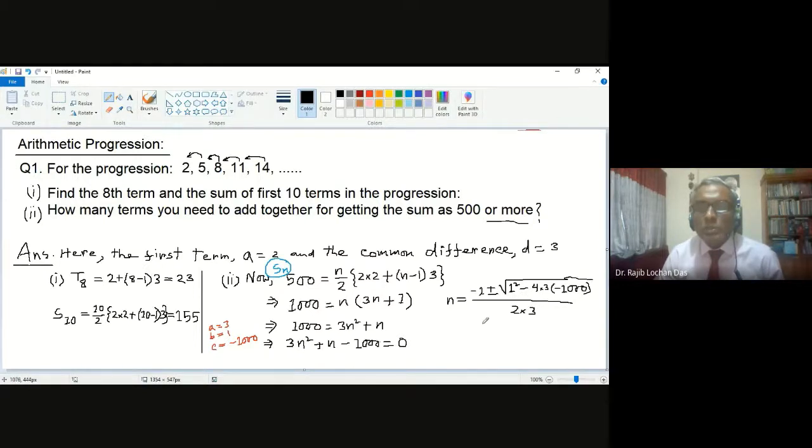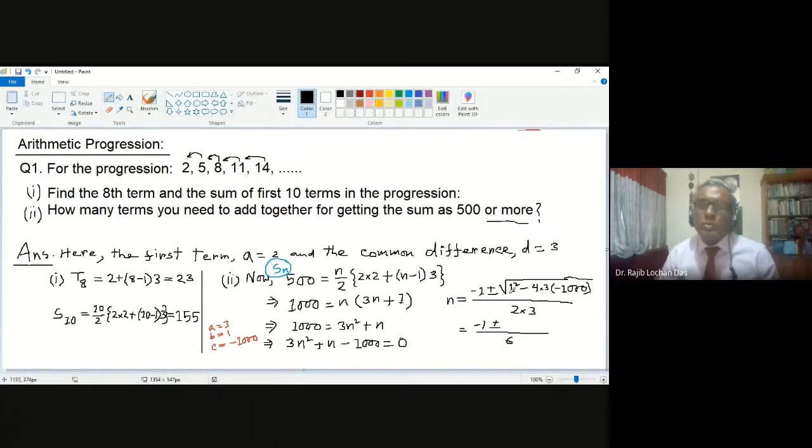So you do the calculation. It is 6 on the lower side, and on the upper side minus 1 plus minus root over 1 plus 12,000, sorry, 12,000.